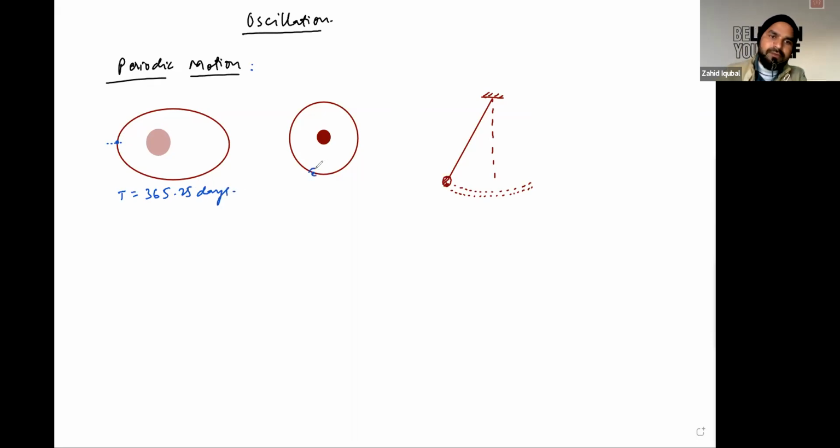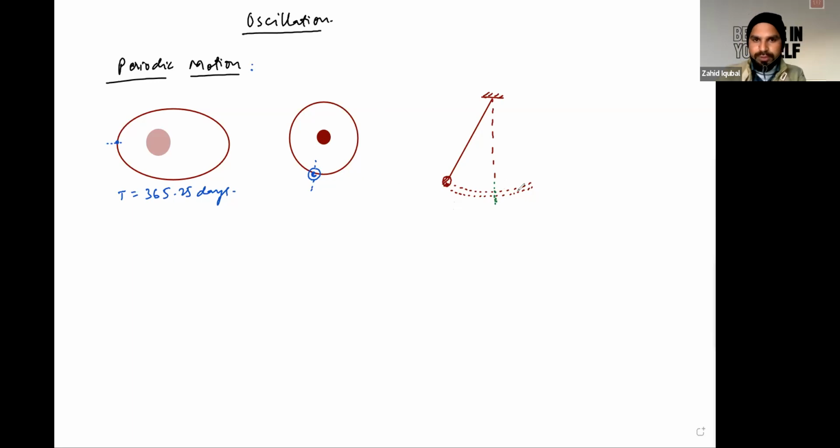Similarly, for electron, one complete rotation around nucleus in first orbit, it will take about 1.5 × 10⁻¹⁶ seconds. And in case of bob, going from one part to another and coming back, it will take about 2 seconds, only in case of second pendulum.